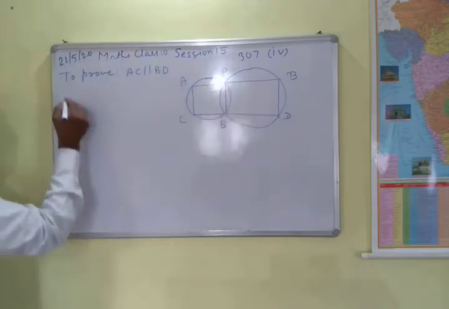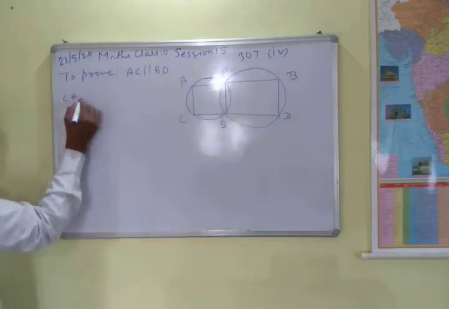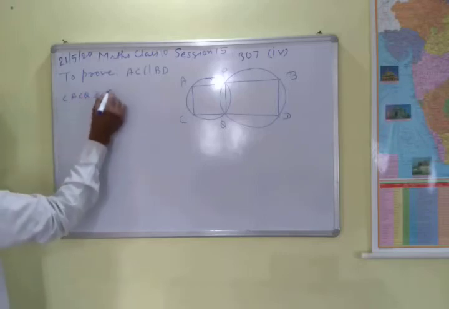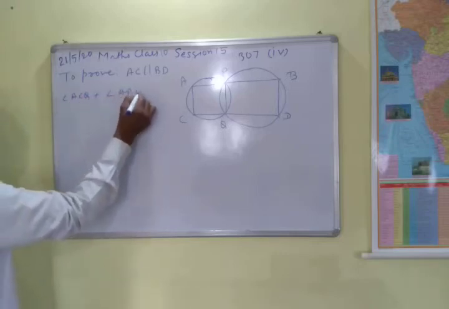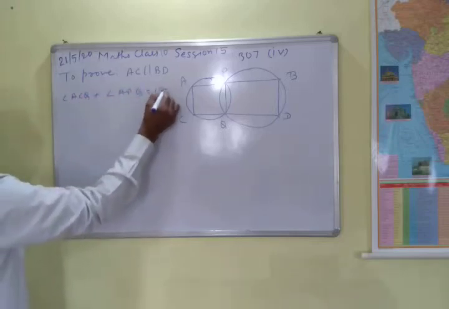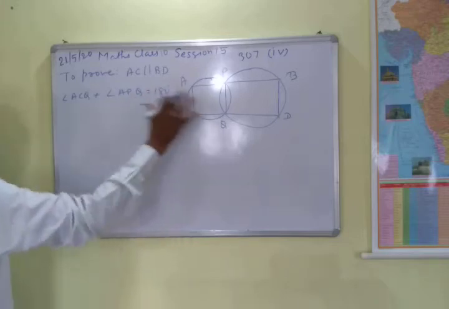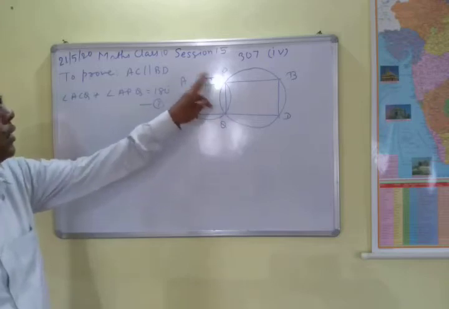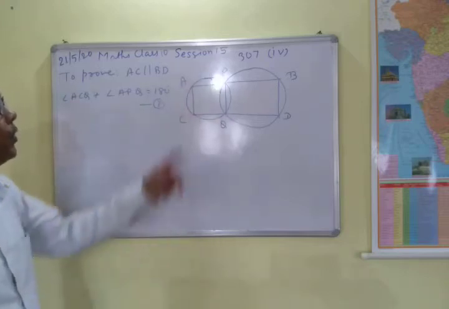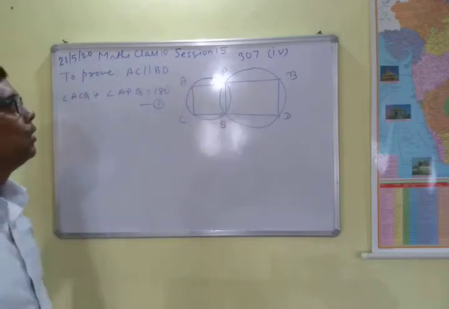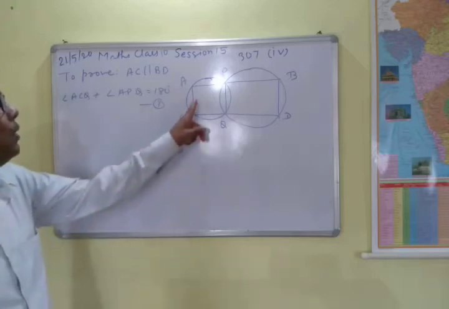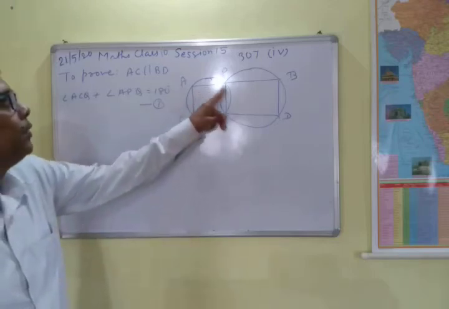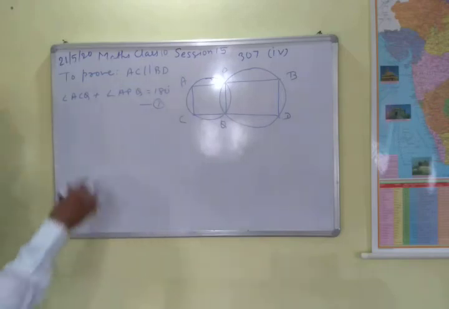That is, say here that angle ACQ plus angle APQ equals 180 degrees. Okay, number one, you will write the reason, and the reason is that the angles in a cyclic quadrilateral are supplementary, because APQC is a cyclic quadrilateral, so angle ACQ plus angle APQ will be equal to 180 degrees.